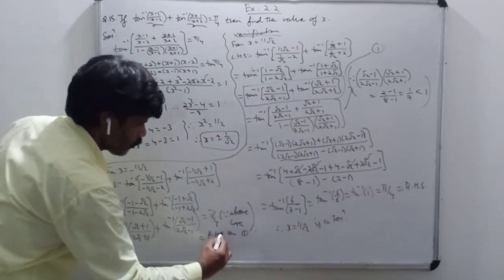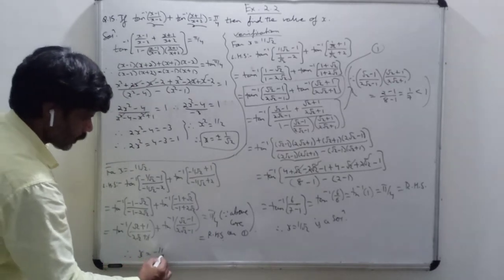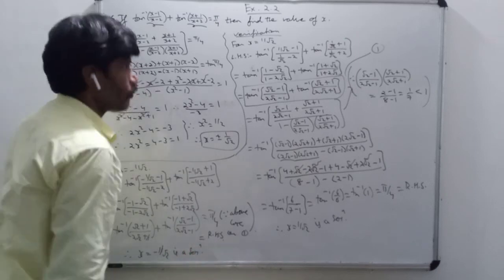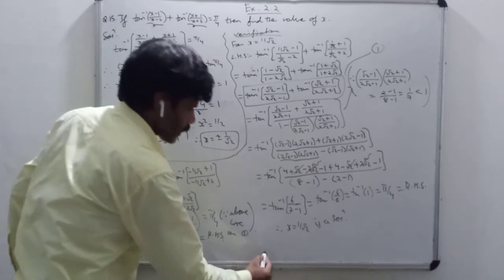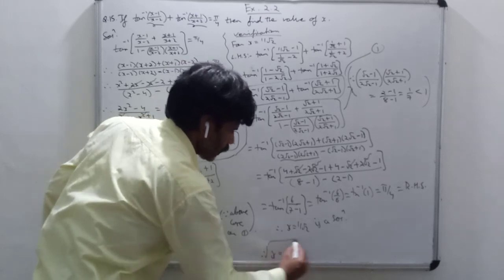So again here also I can say x equal to minus 1 by root 2 is a solution. So therefore there are two values of x, therefore x is equal to plus or minus 1 by root 2 is a solution.